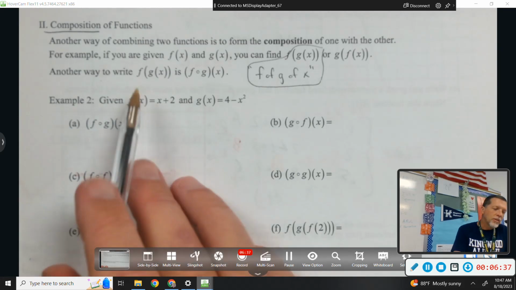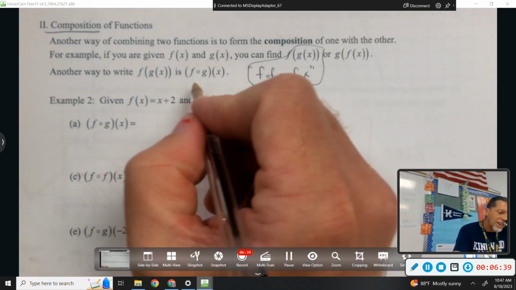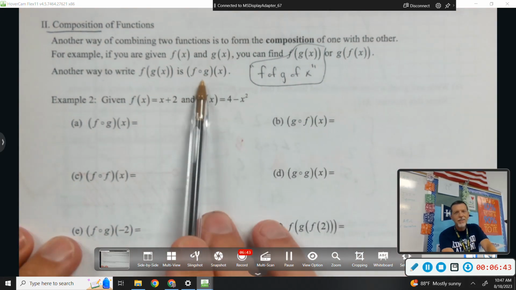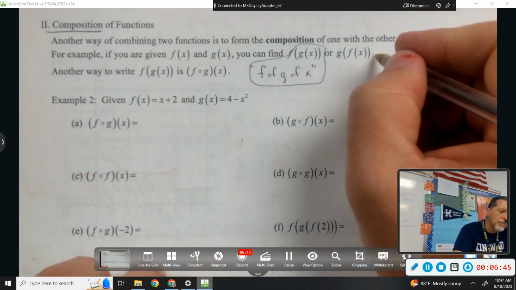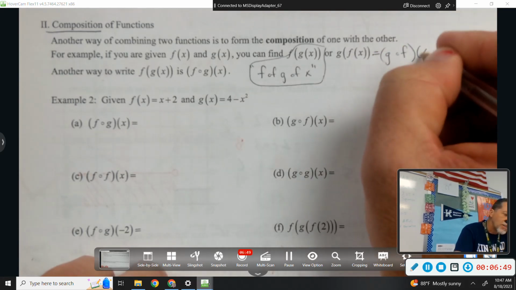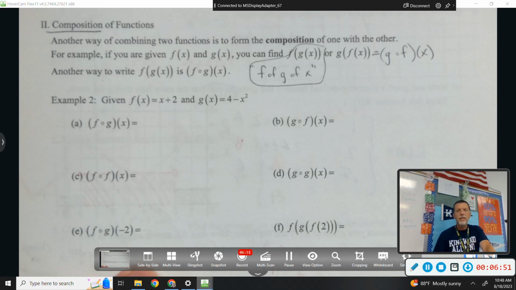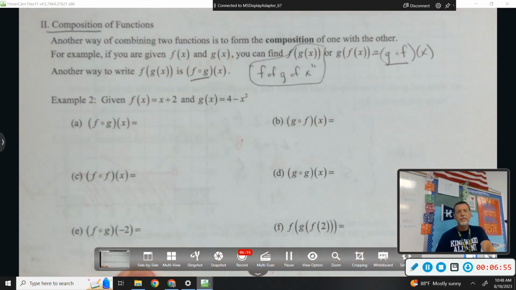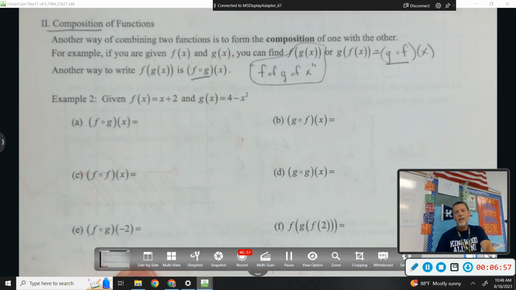And another way to write f of g of x is f with that little open circle. Sometimes we call these the Fogg and Goff problems, because g of f we could write like that. Fogg and Goff. Yes, foggy day on the golf course.